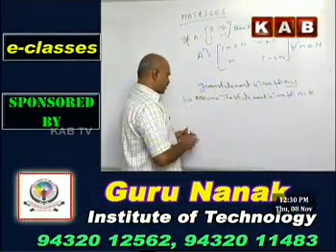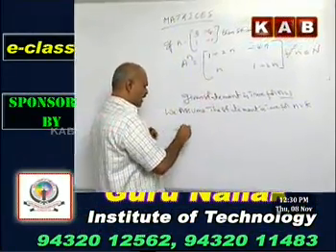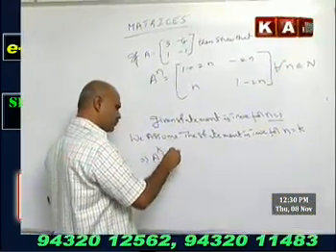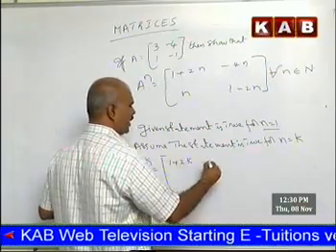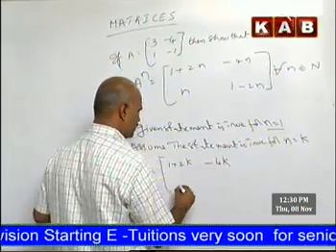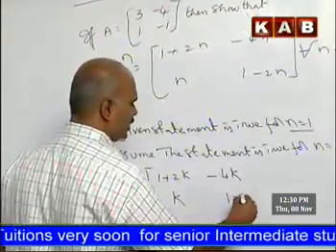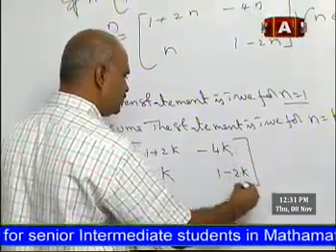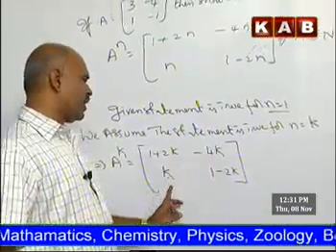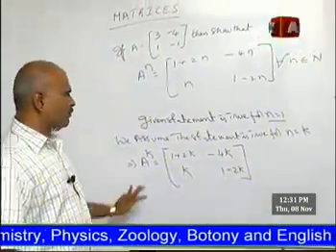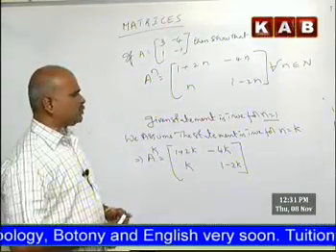N is equal to k implies A power k is equal to 1 plus 2k, minus 4k, k, 1 minus 2k. We assumed this for n is equal to k.